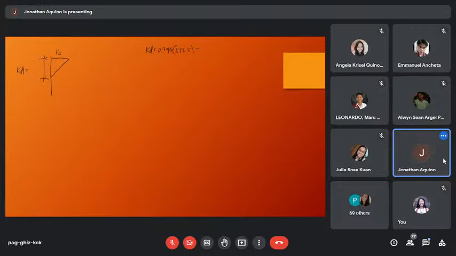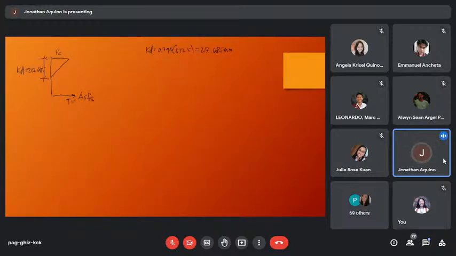So KD is 217.685 millimeter. And then we have here AS, FS, or just simply T is equal to AS FS, okay?